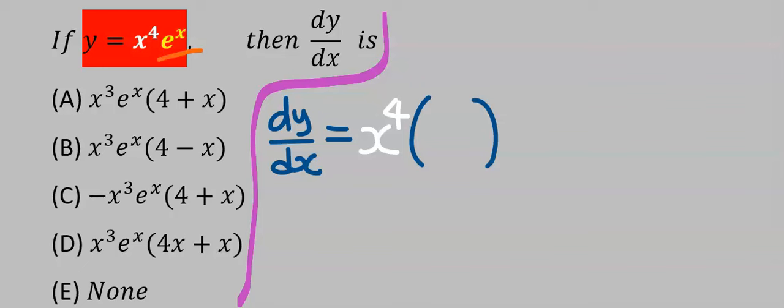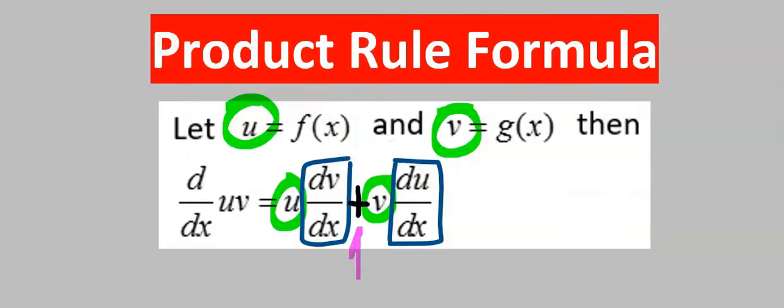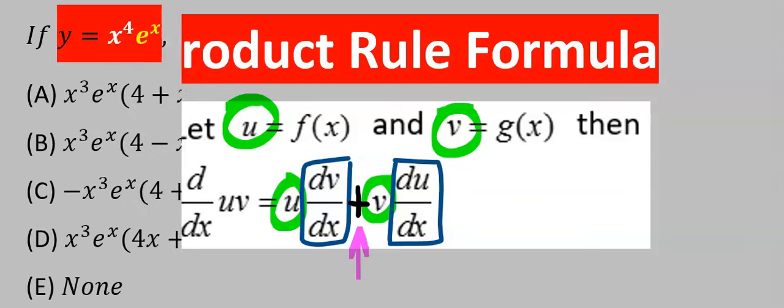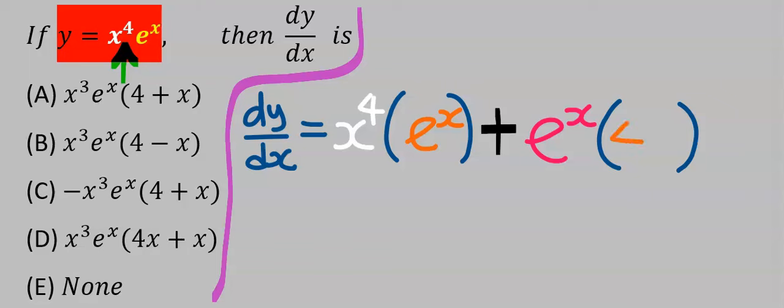The derivative of exponential x is exponential x. Next, I will put a plus, which is a requirement from the formula. Next, I will keep this exponential x constant. Then I'm going to differentiate x to the power of 4, and my answer is 4x to the power of 3.